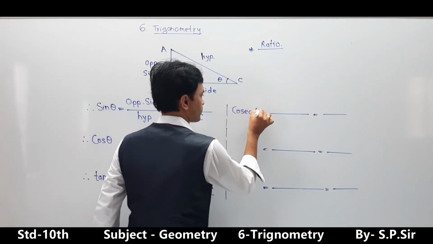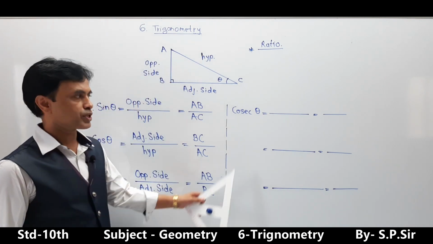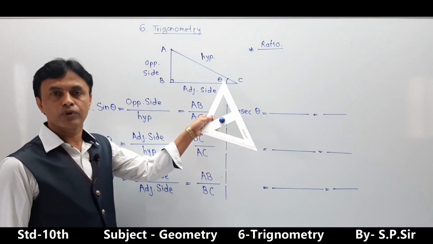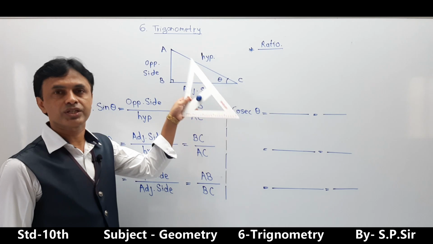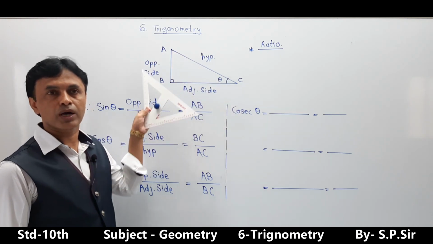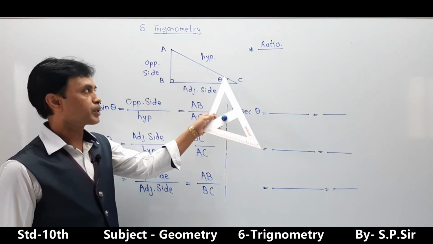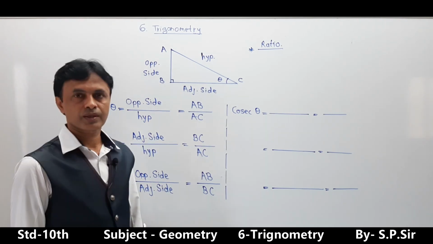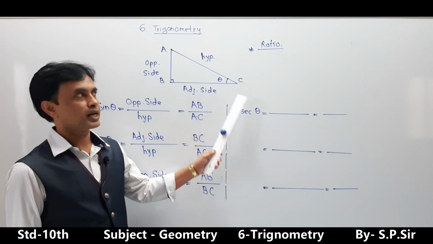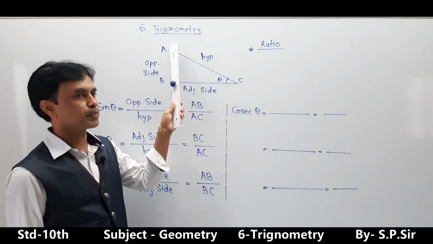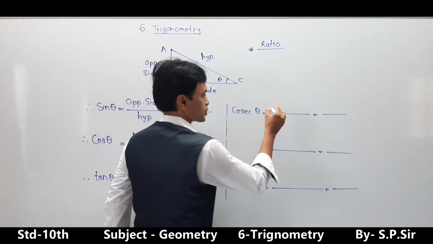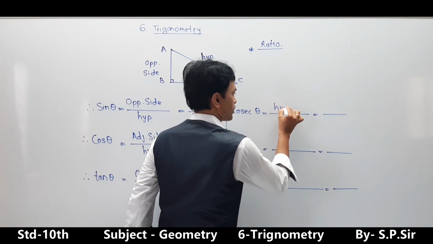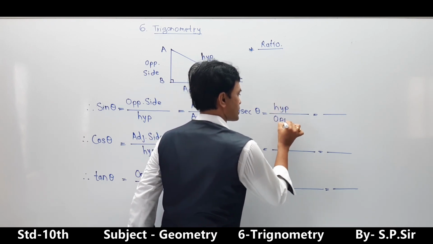first part is called cosec theta. Now what exactly do we mean by cosec theta? Theta remains the same over here, but the cosec theta definition changes to hypotenuse upon opposite side. So cosec theta is nothing but hypotenuse upon opposite side.